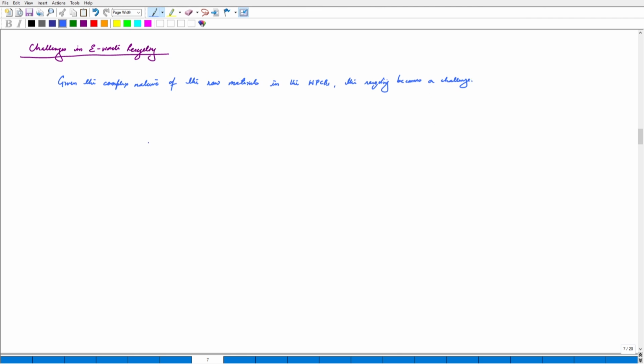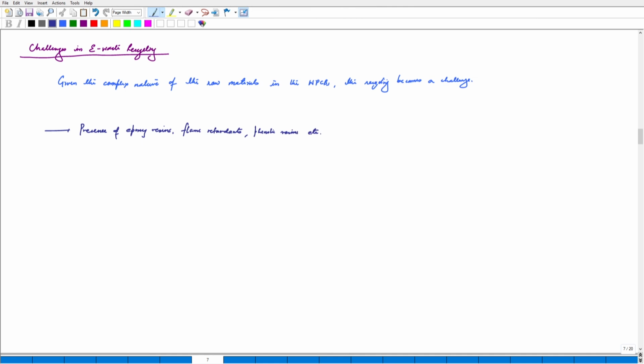Some important challenges are, we'll write, presence of epoxy resins, flame retardants, phenolic resins, etc. What does this mean?